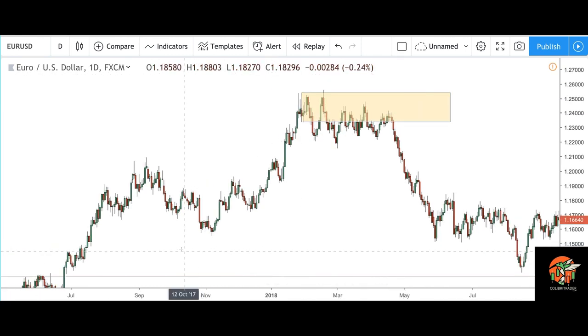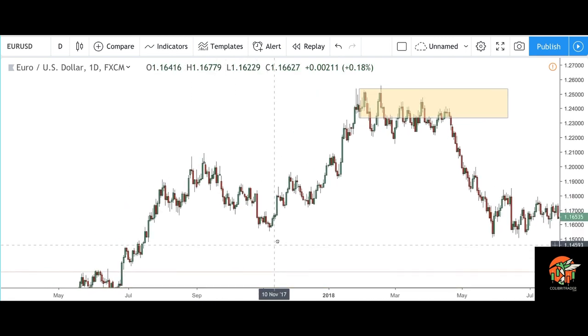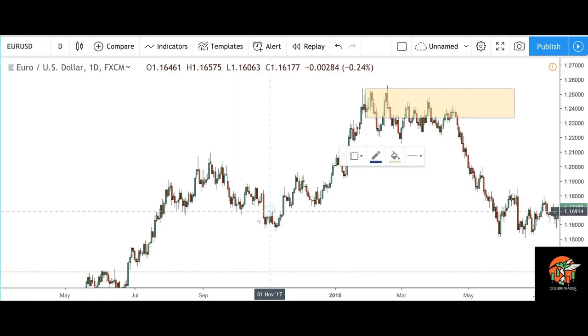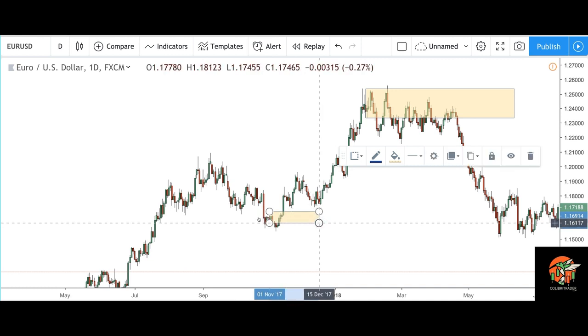If I go back in time, we're going to see a very small demand zone right here, and this was formed directly after the big red candle.